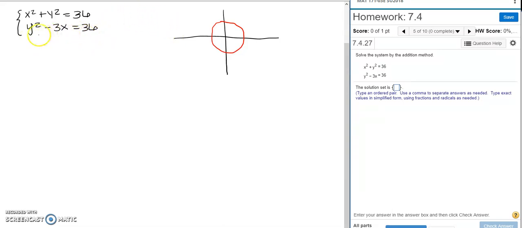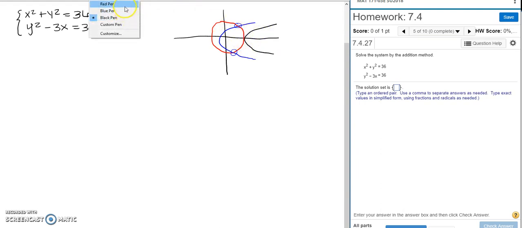So I know you guys have not done these. You won't get to those until the next math course, Math 172. So again, you don't need to know what this graph looks like, but I just like giving you a visual so you can kind of see what's going on. So there's some kind of parabola opening sideways. So again, we're going to have something probably with two solutions, unless the parabola is more like this, that could be one solution.